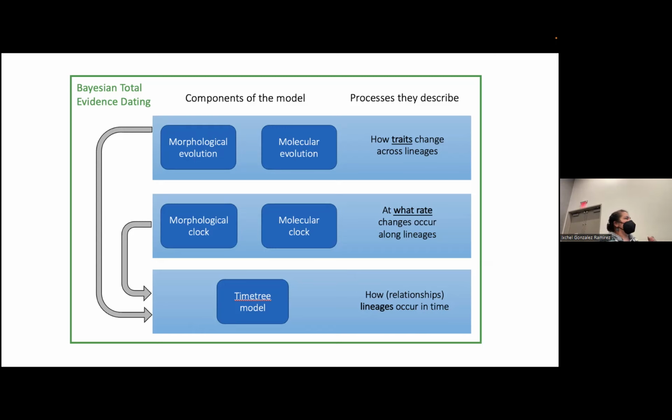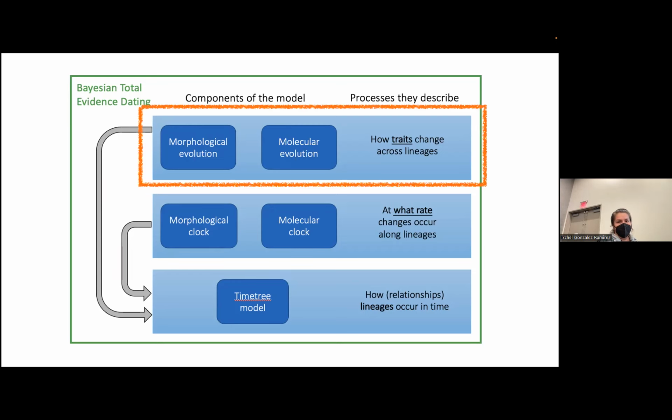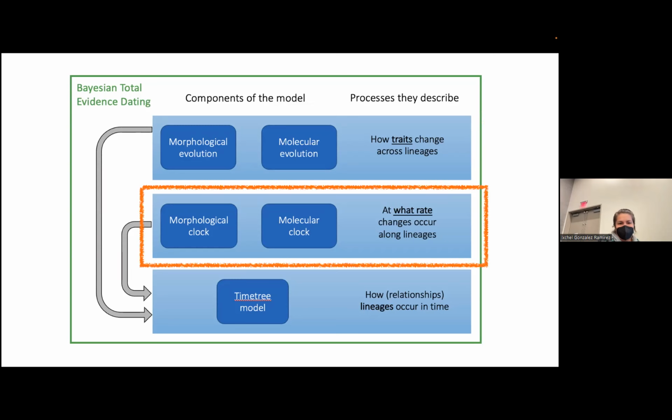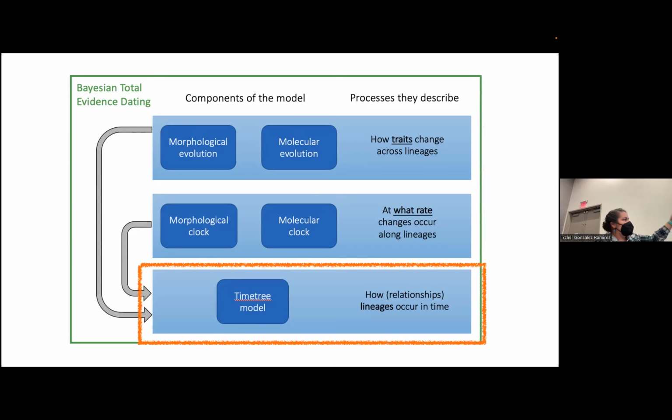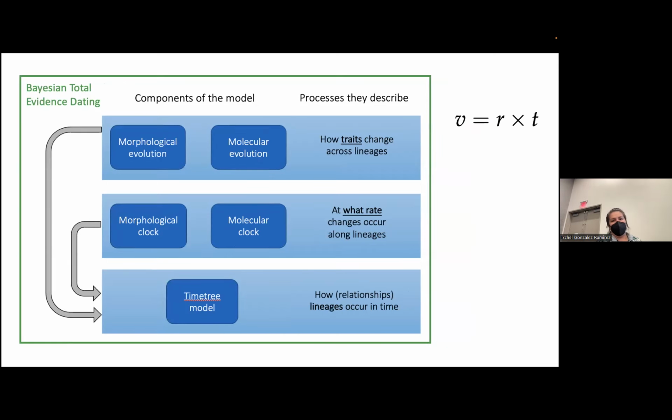I want to know how traits change. I want to estimate at what rate they change. And I want to place that into a time tree, so a tree that is correlated to time. So we have morphology, we have rates, and we have the time tree.